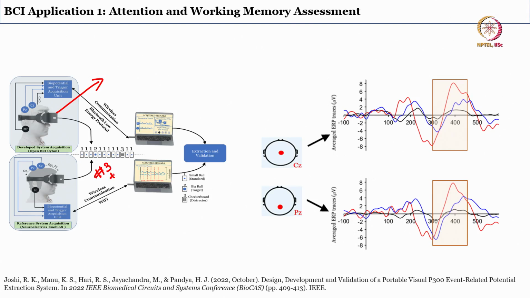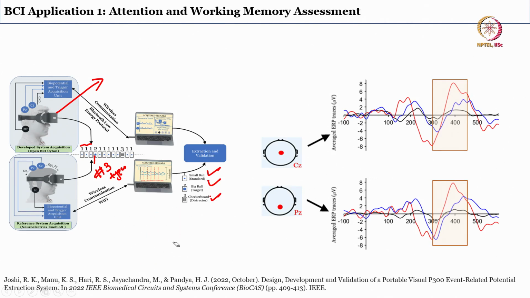One is a small ball, two is a big ball, and the third one is a checkerboard. You can see it here, right?